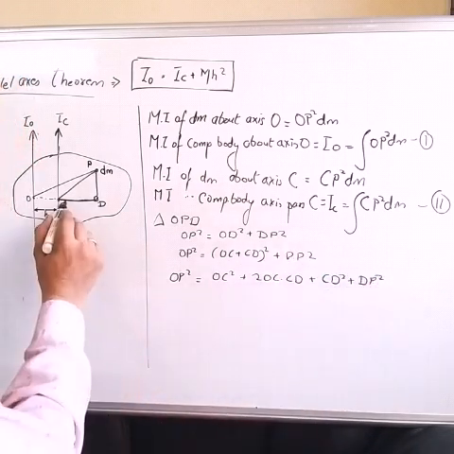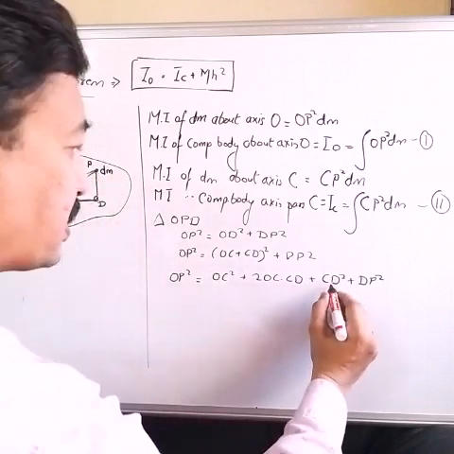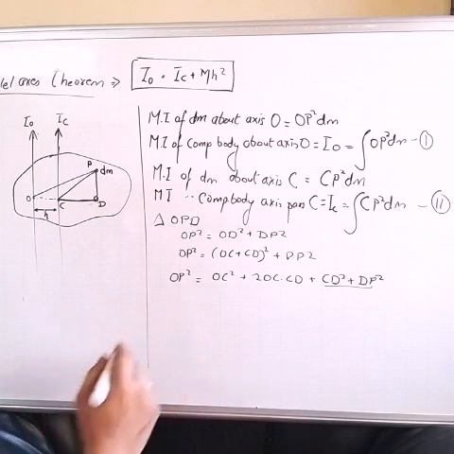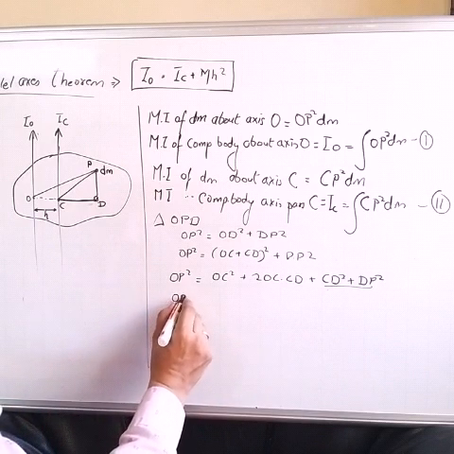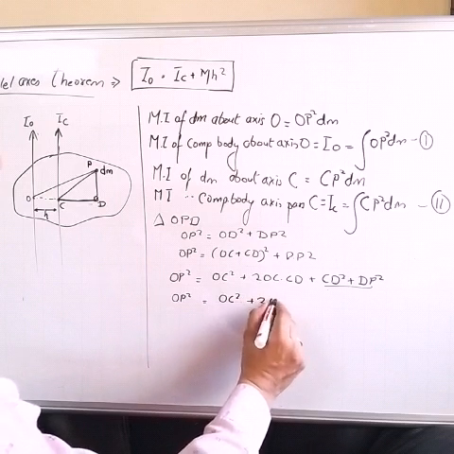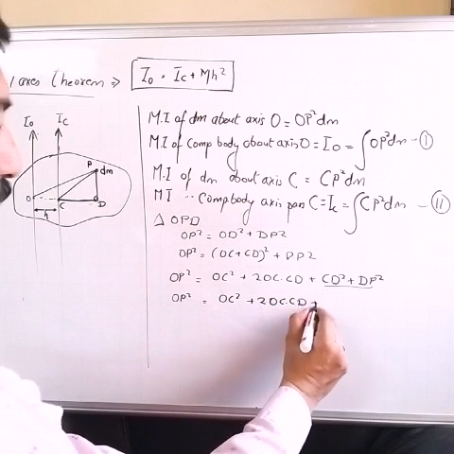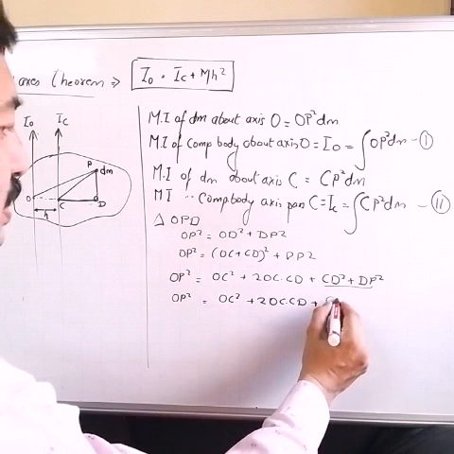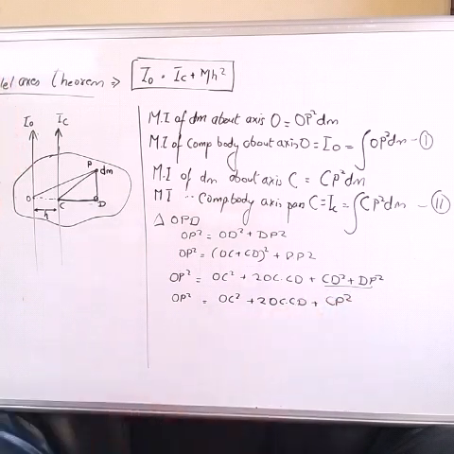Now just have a look at CD and DP. CD square plus DP square will give you CP square, again by Pythagoras theorem. So what I get is OP square equal to OC square plus 2 OC CD plus CP square. Is this clear?